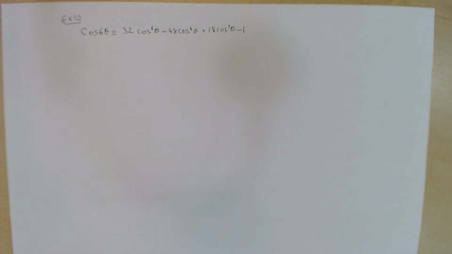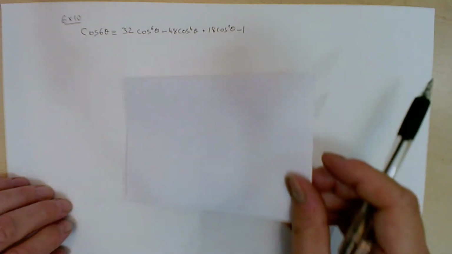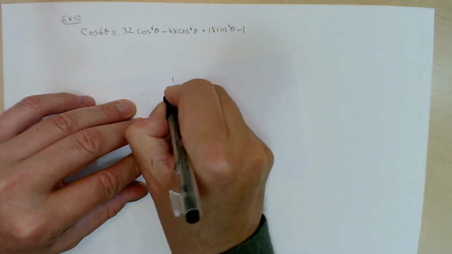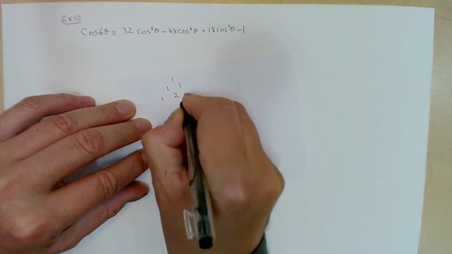First of all, I wanted to show you how this works, because it is quite a long algebraic slog, and it does rely upon the binomial expansion. The first thing I do whenever I know I'm going to have to do a binomial expansion is write out Pascal's triangle like this.